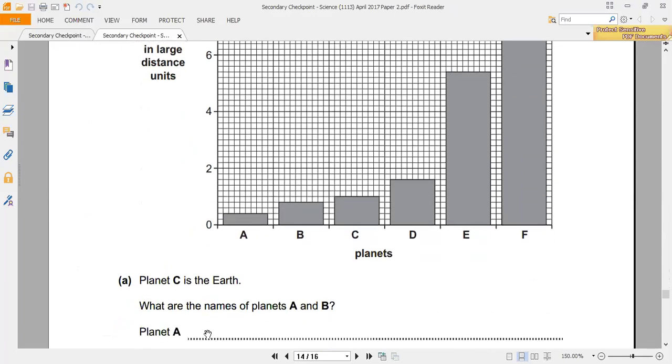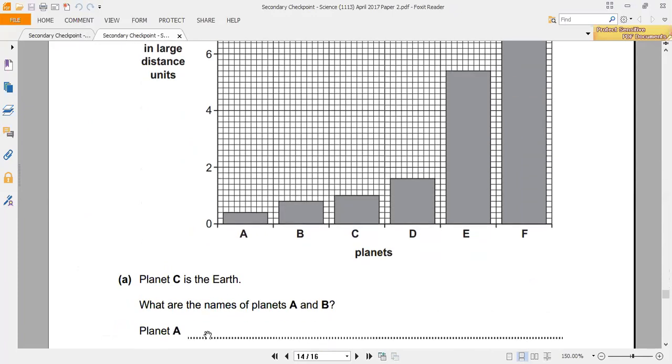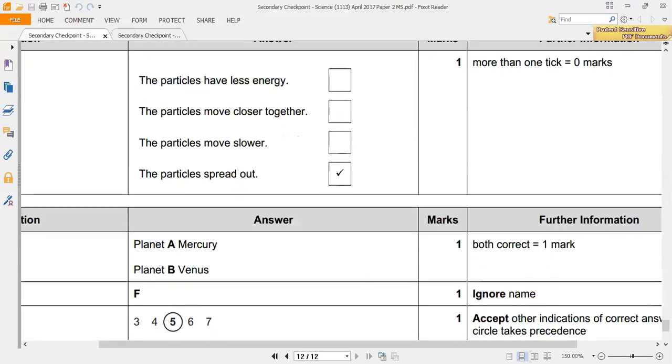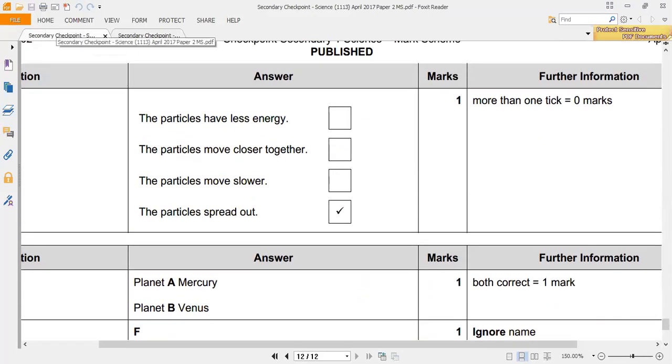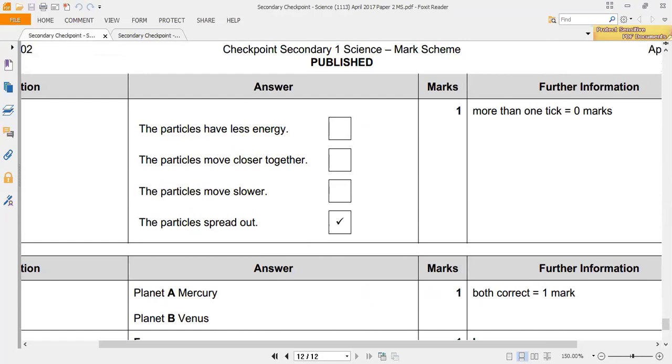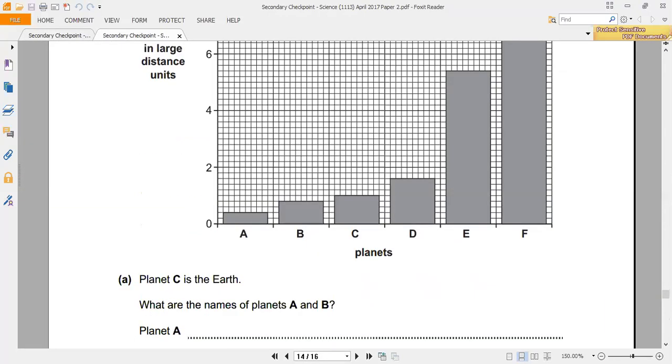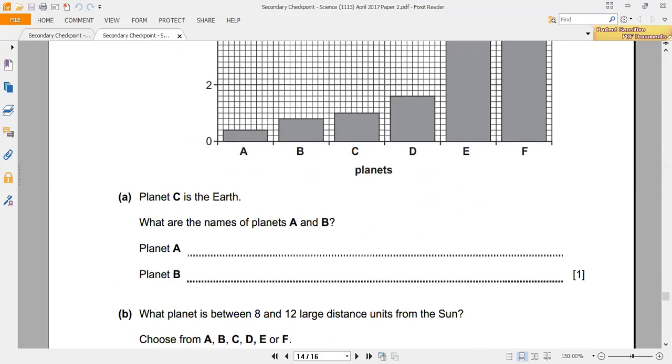What are the names of planets A and B? Of course, B is Venus and A is Mercury, the one closest to the sun.